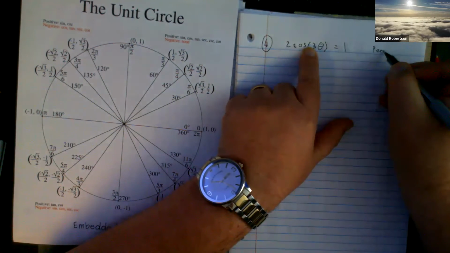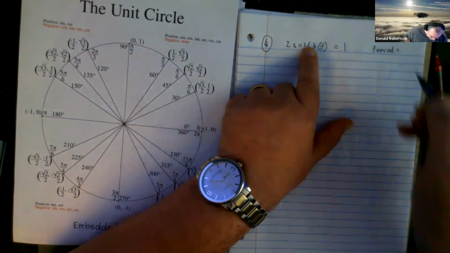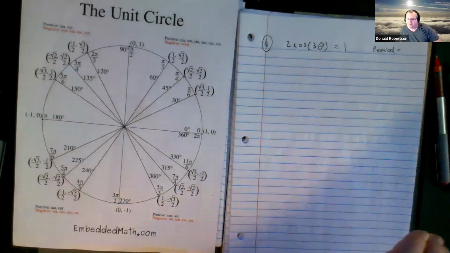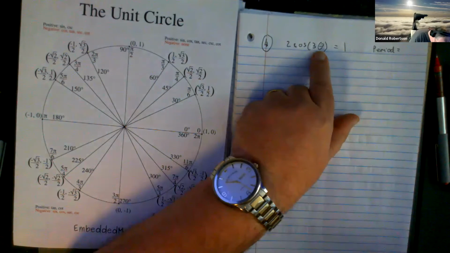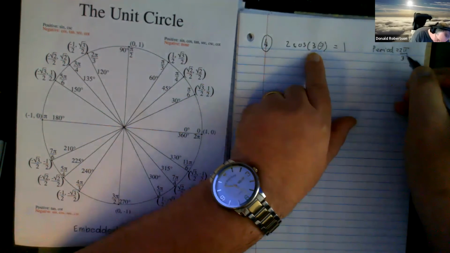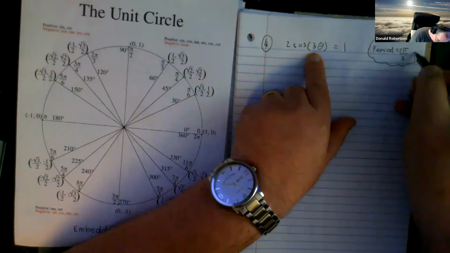Maybe a good idea for you to actually find out what the period is right now, even before you do any of the math, because after you do the math, it's easy to lose track of this. So the period of cosine 3 theta is 2 pi divided by 3. Are you comfortable that the period then is 2/3 pi?